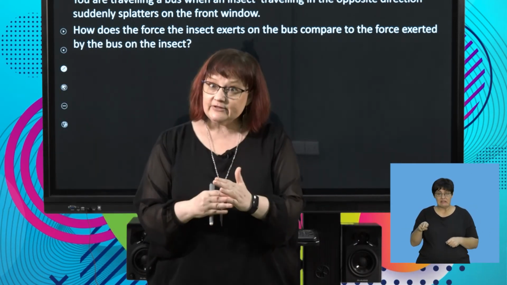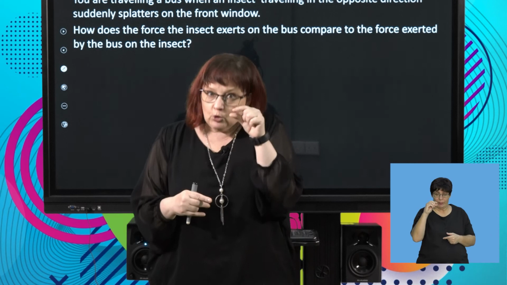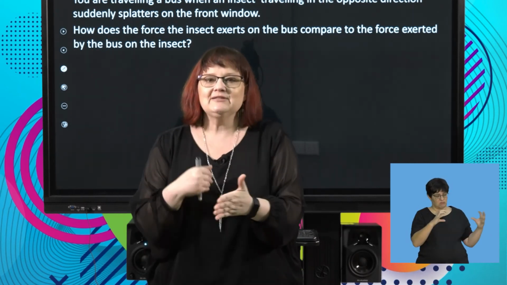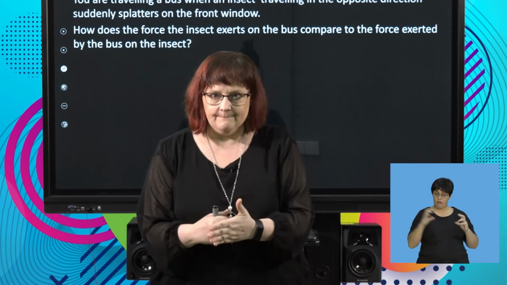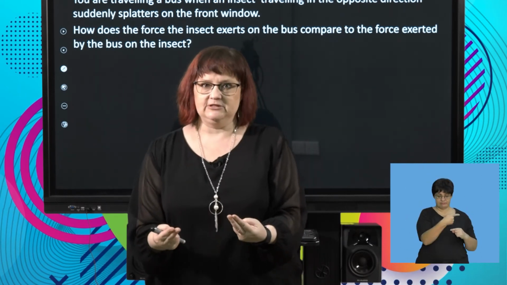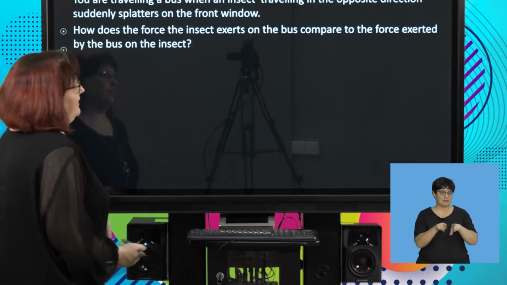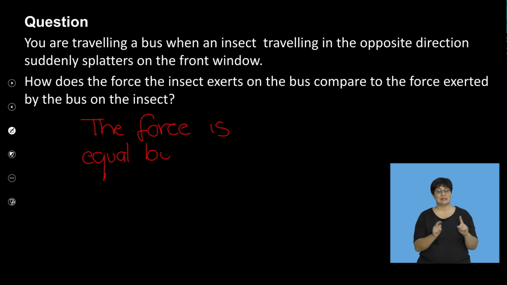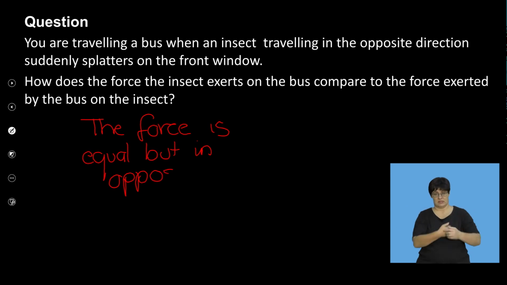The insect, on the other hand, because it's so small, absolutely experiences the force. But the force is the same. They are just in opposite directions. So when they say, how do they compare? The force is equal, but in opposite directions. That's the first one.